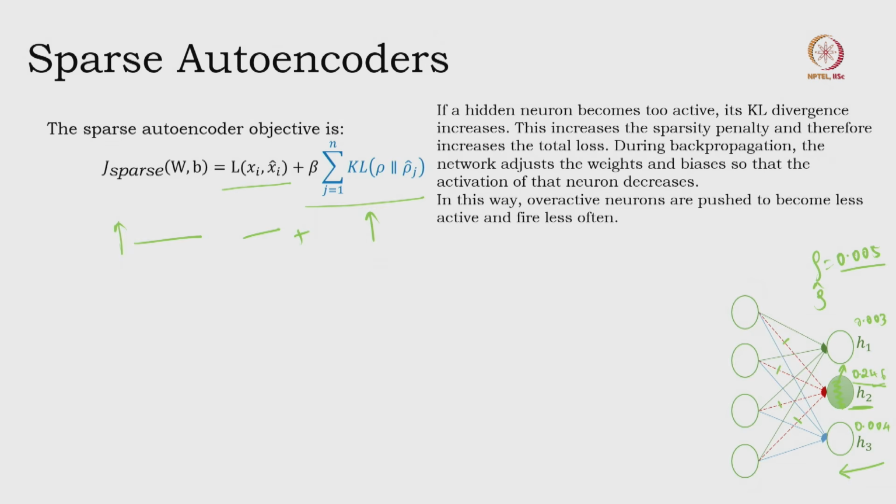When it adjusts the weights, for the next time H2 will become less active. So when it becomes less active, have you not imposed a certain restriction on the hidden neuron? So this is all about sparse autoencoders. During backpropagation, the network adjusts the weights and bias so that the activation of that neuron decreases. In this way, the overactive neurons are pushed to become less active, and they are less fired neurons.